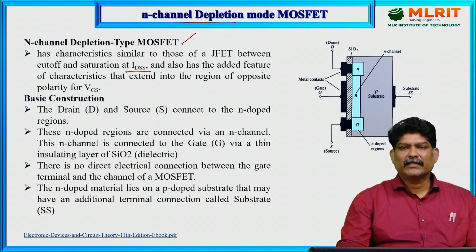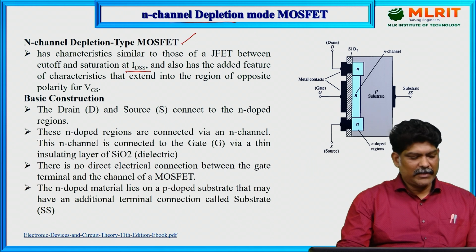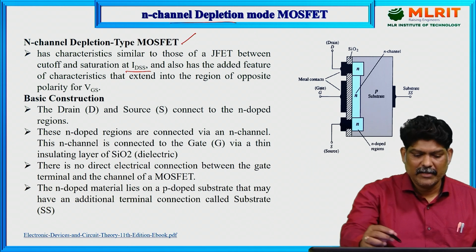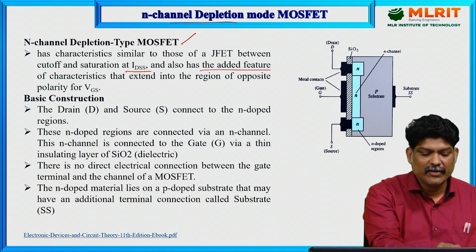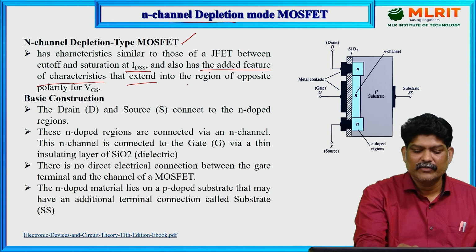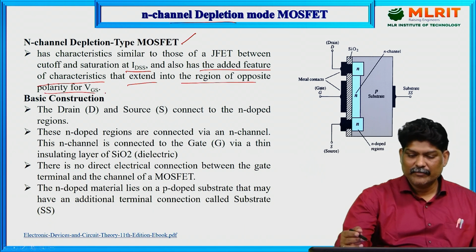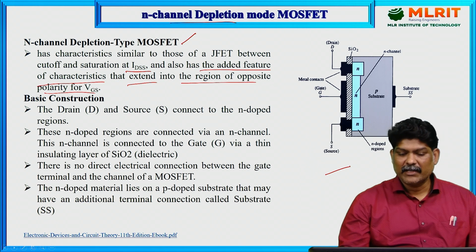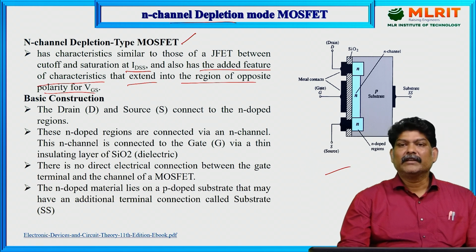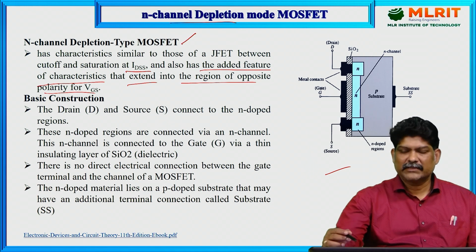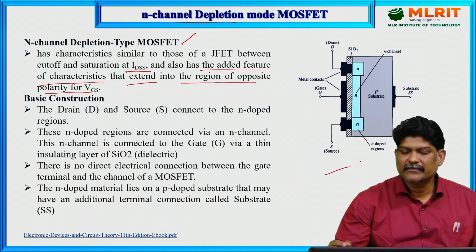The drain current reaches the saturation level, and it also has the added feature of characteristics that extend into the region of opposite polarity of VGS. You can observe the basic structure of the N-channel depletion mode MOSFET from this figure.